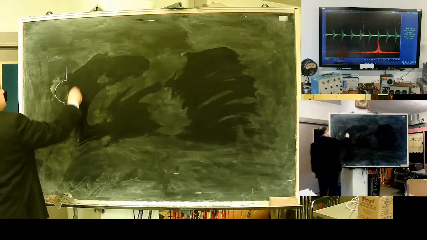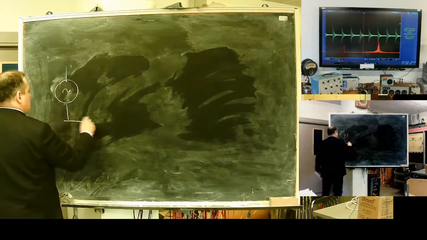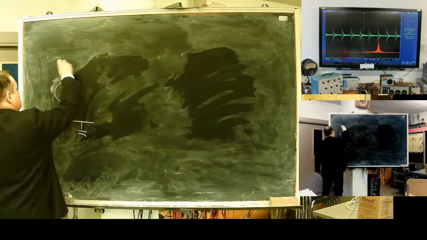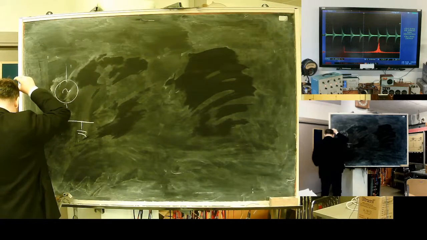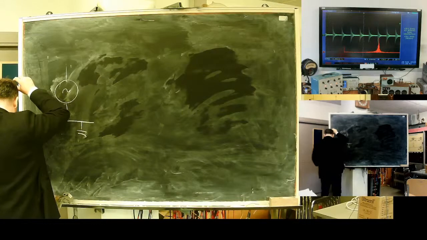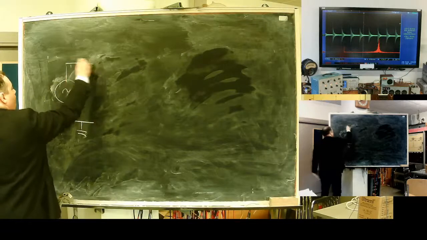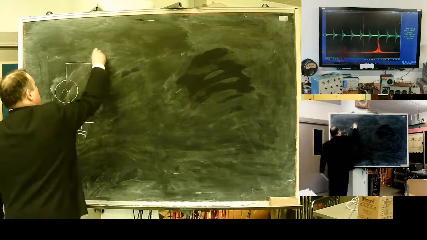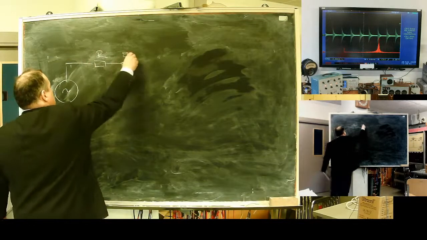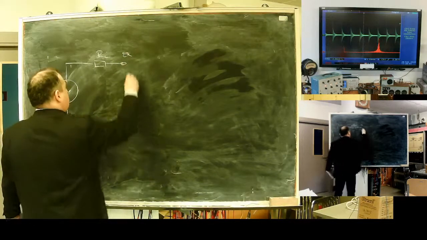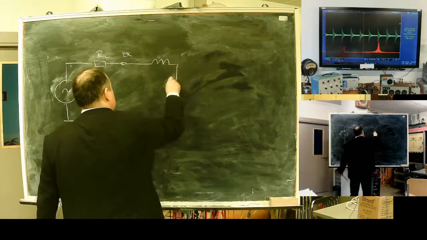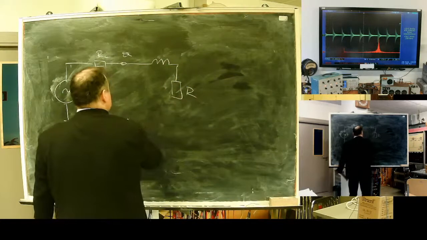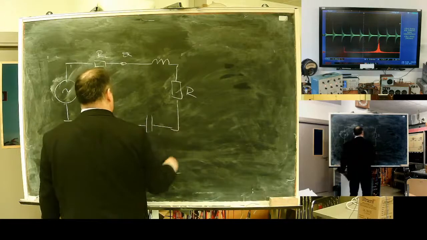Let's start from the sequence, the connection in sequence. Let's see. E, A, B, and we will have coil here. Resistance and capacitance.